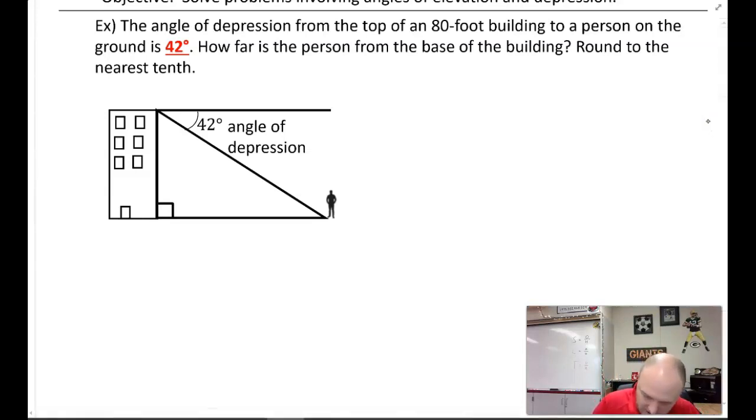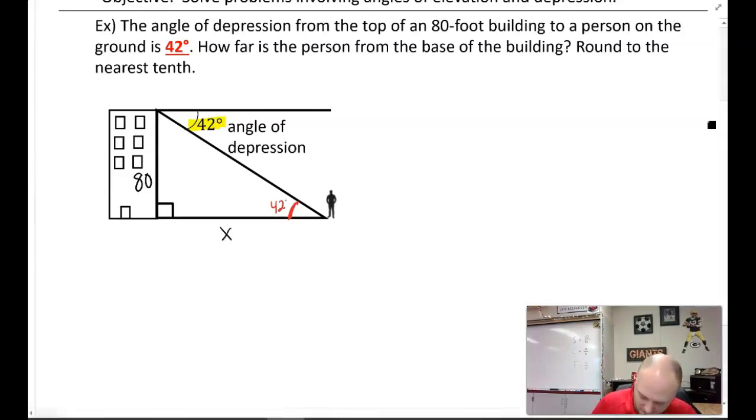Okay, so I know that this building here, this distance is 80. And then the angle of depression is 42 degrees. Well, again, when they give you this, they're really giving you this angle right here. So this is 42 degrees. Okay, and how far is the person from the base of the building?